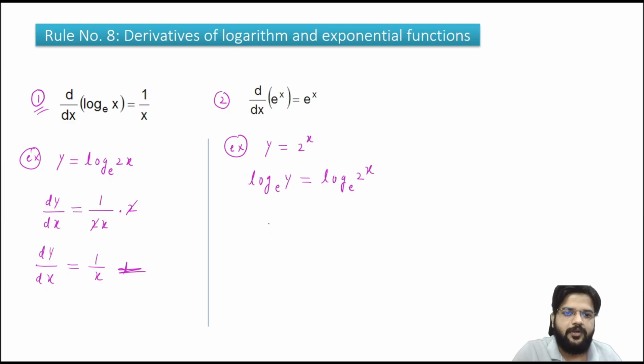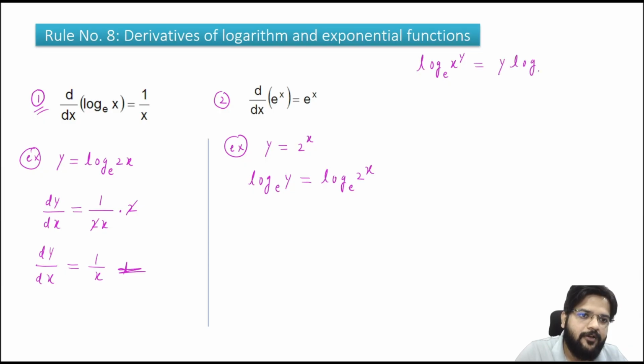Here we will use a log property, everyone. This 2 has x as its power. We know this property: if we have log base e of x power y, this power can be written in front. So log base e of x power y can be written as y log base e x. This can be written so, correct?